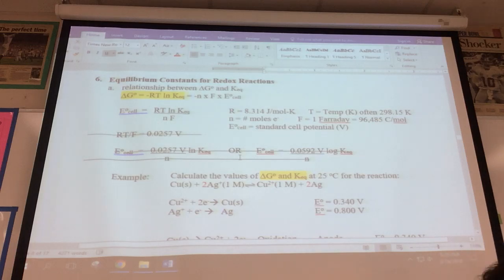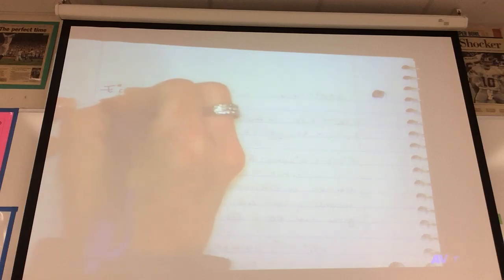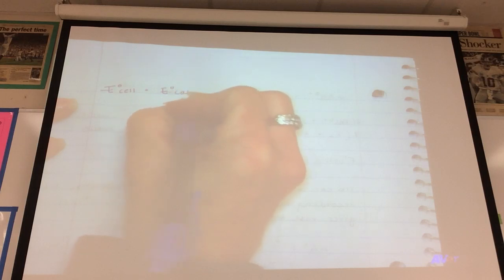Where we left off last time is right here. We had established, just to bring you up to speed, we know we're calculating the standard cell potential by doing cathode minus anode.